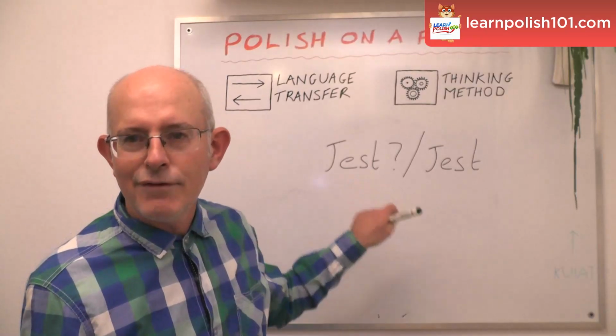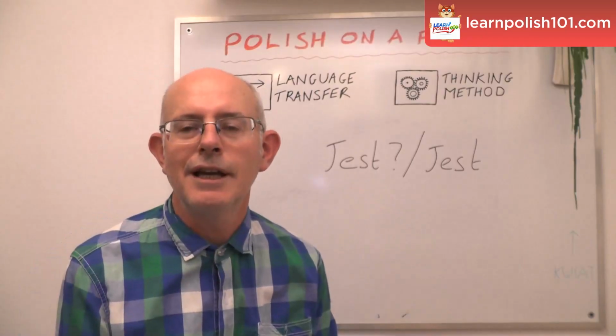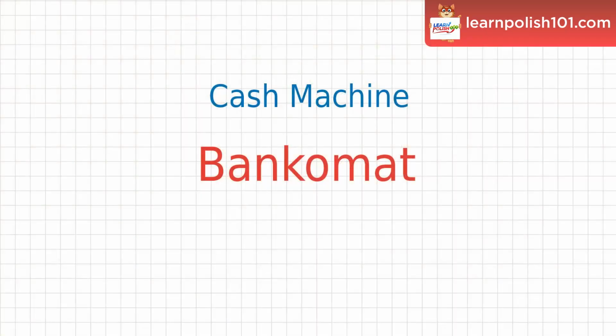Right, let's find something that we might need to get ourselves hold of, a cash machine. So this is a fairly easy one to remember. Obviously you've got bank, we talked about bank before, and then you've got OMAT. I tend to remember this as automatic bank, so it's bank automatic, and I just get a bit of the OMAT in there. But you will see these obviously on the streets everywhere, and they will have big letter words on them that say bankomat.